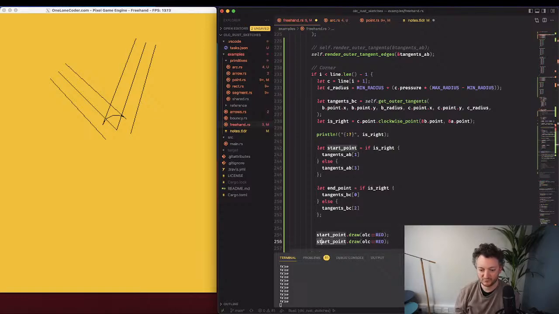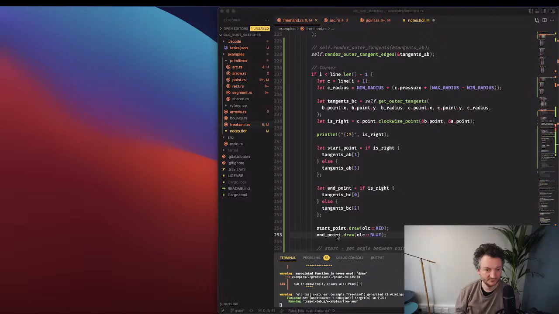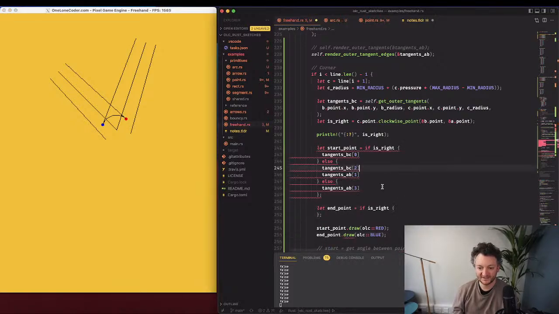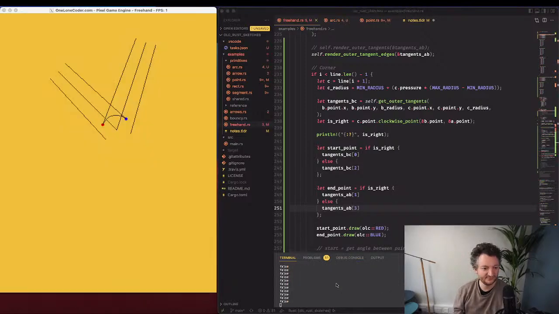End point, draw OLC blue. Okay, start is red. So start is, yeah, I just have these. It looks like these are just exactly backwards. But it looked like they were exactly backwards before too.